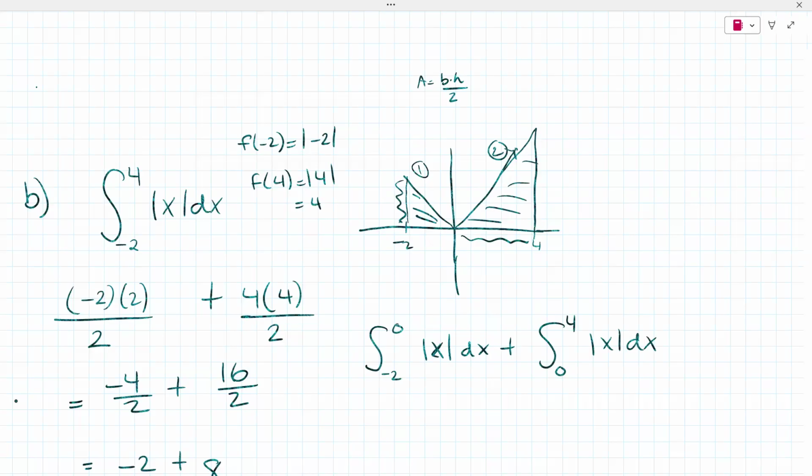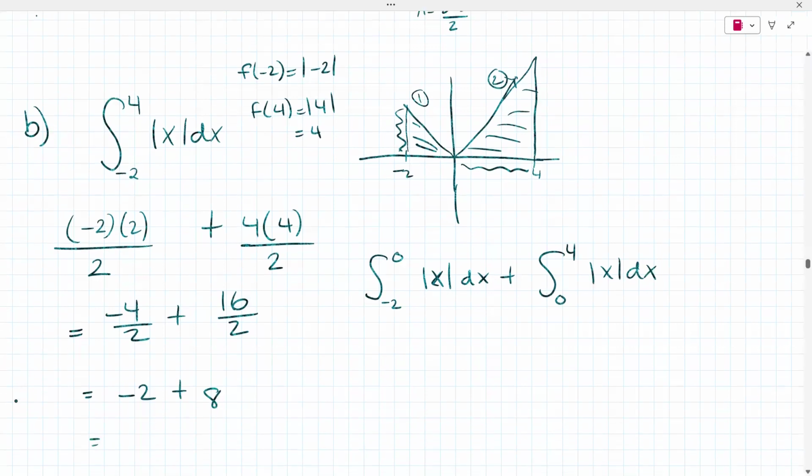Let's see. The base is now from -2 to 0. The base is +2. So that's why I made a mistake. This should be +2, and then the height is the absolute value of 2, which is 2, all over 2.